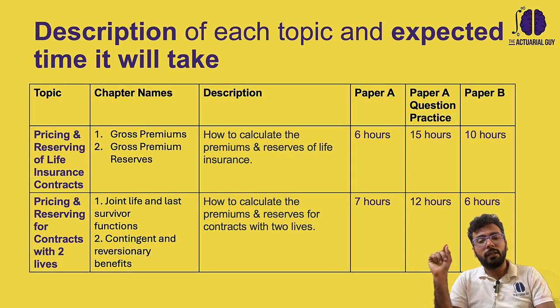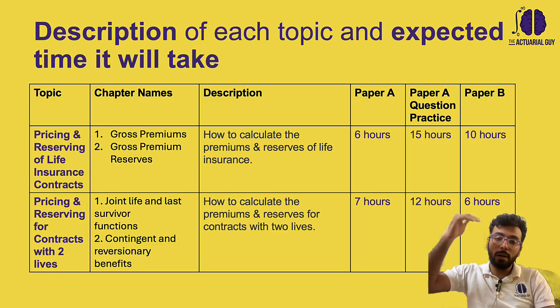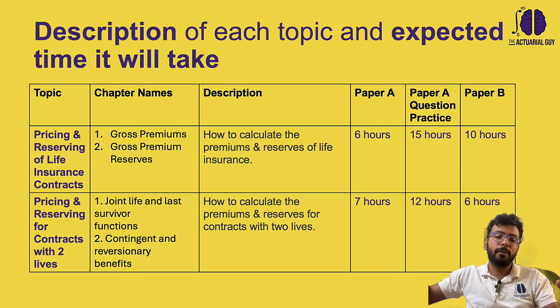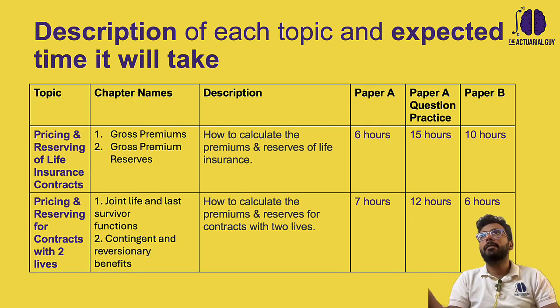We talk about how to calculate premiums and reserves, but now not for contracts with one life, but two or more lives. How do you work with two lives? So these can be contracts where one person dies but the other one is alive, so they receive a certain sum of money. Or if both die, then they receive.